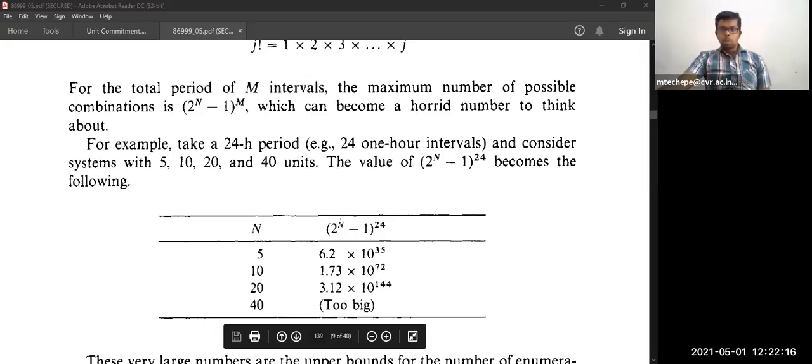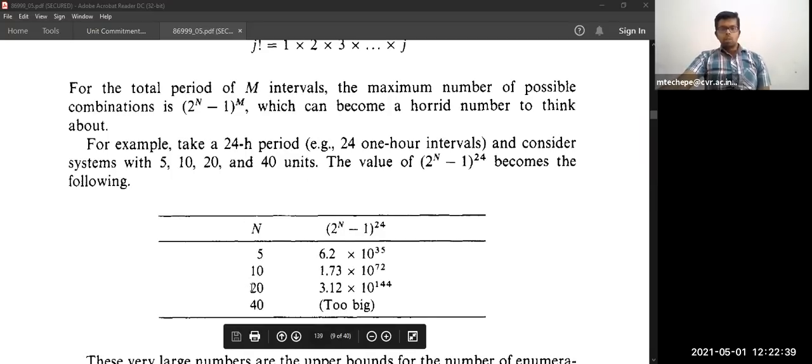Again, (2 to the power of 10 minus 1) the whole power 24. If you calculate, it will come like 1.73 into 10 to the power of 72. I think in your scientific calculator, FX calculator, you can easily do this calculation. EX also you can do, but FX is very easy.